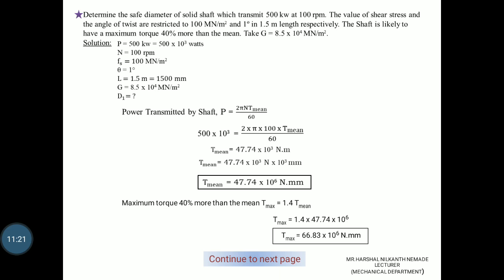Maximum torque is 40% more than the mean, so Tmax is equal to 1.4 T mean. So 1.4 multiplied by whatever T mean value I've got, you should substitute 47.74 multiplied by 10 raised to 6. I will get Tmax, that is 66.83 multiplied by 10 raised to 6 Newton mm.